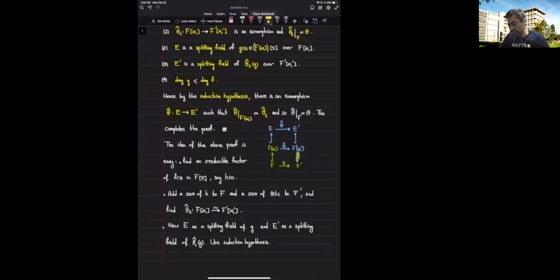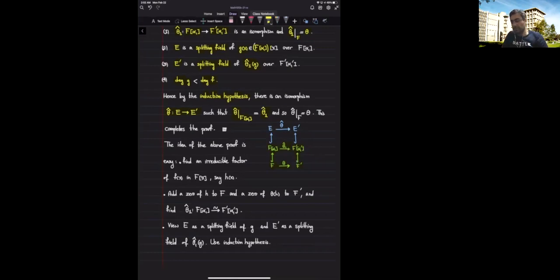Then we can find some ring isomorphism between these two fields that sends alpha 1 to alpha 1 prime, and its restriction to F is like theta. So that means this diagram is a commutative diagram.